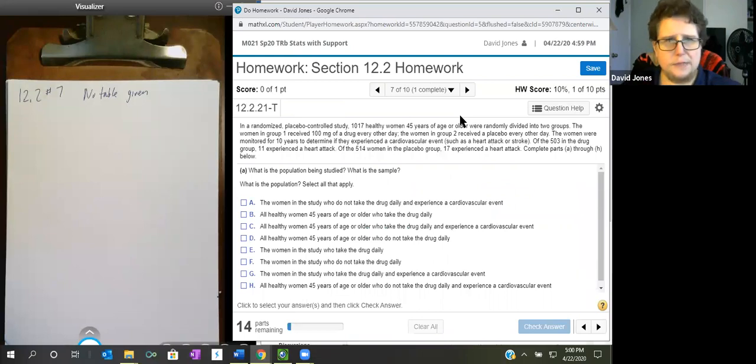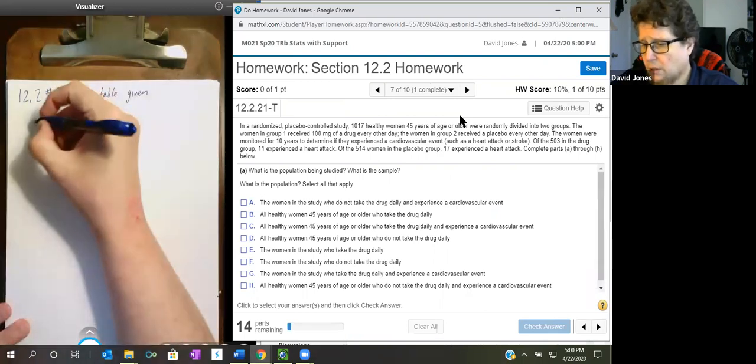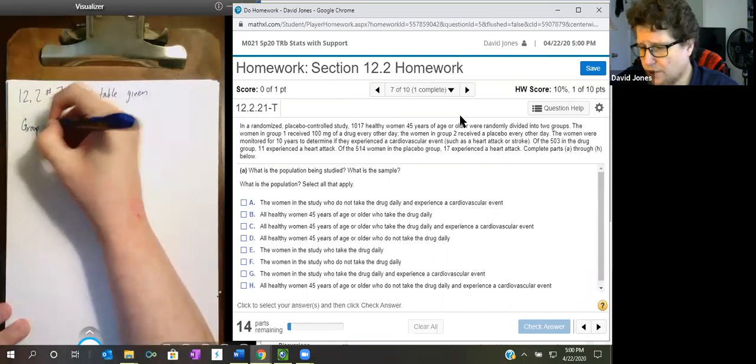In a randomized placebo-controlled study, 1,017 healthy women 45 years of age or older were randomly divided into 2 groups. Group 1 received 100 milligrams of the drug. Group 2 received a placebo. So let's say group 1 is drug.